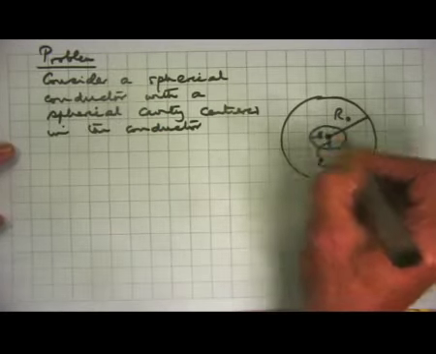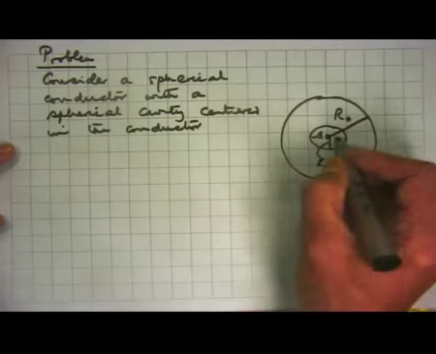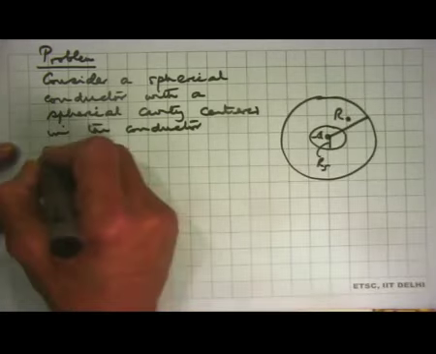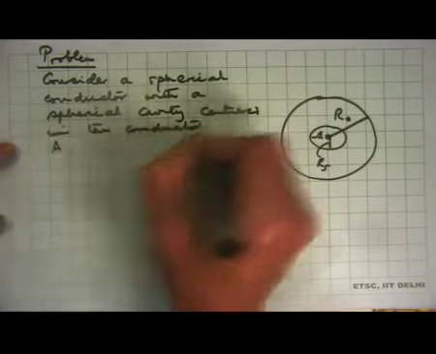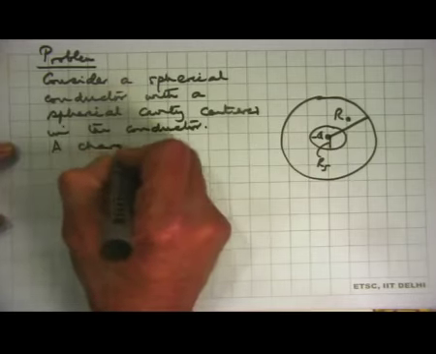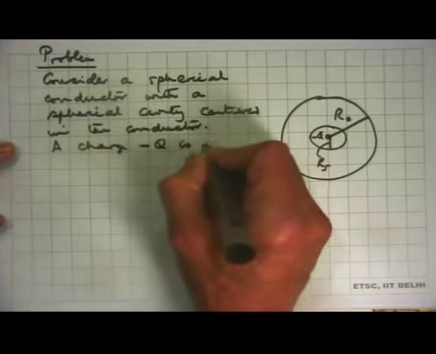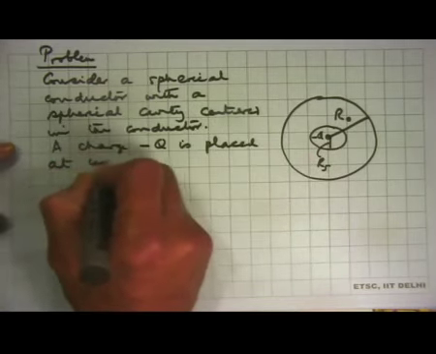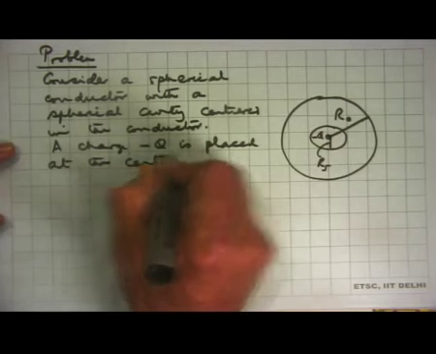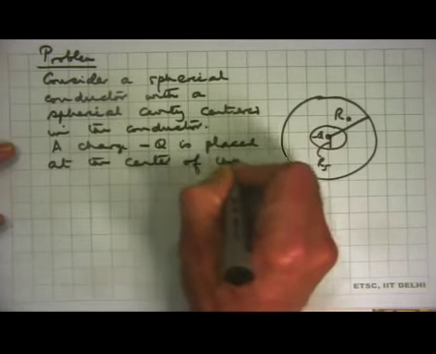So, these two spheres are concentric, their centers meet, and a charge minus q is placed at the center of the cavity.